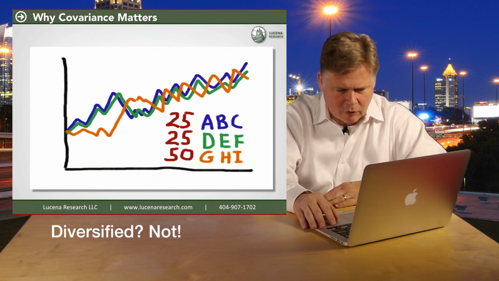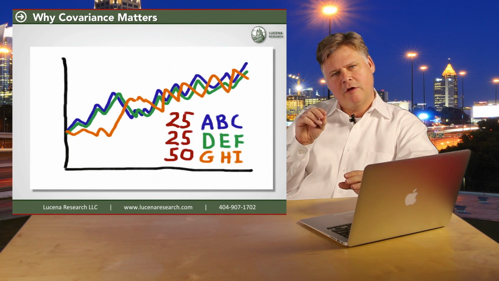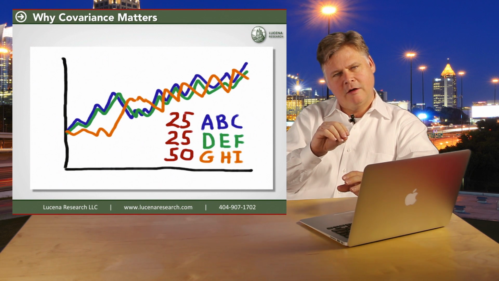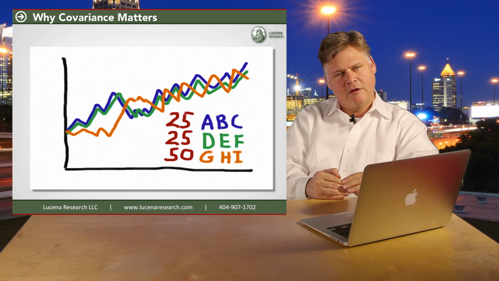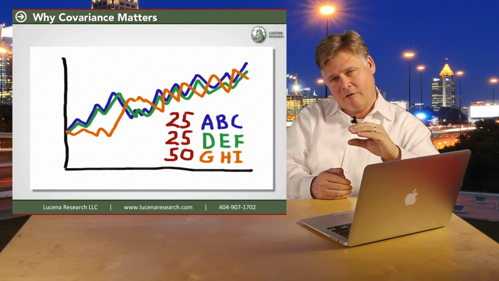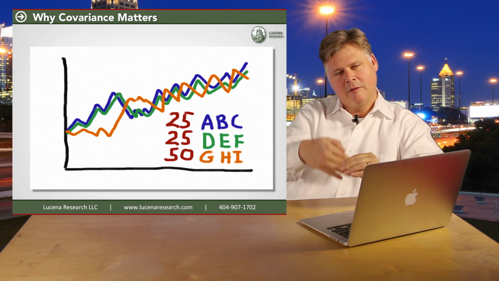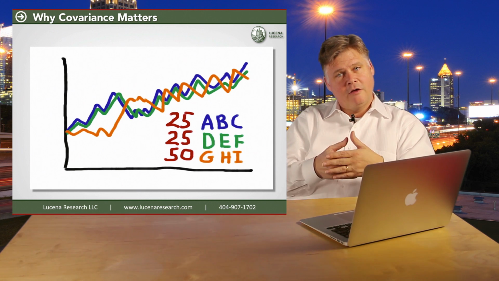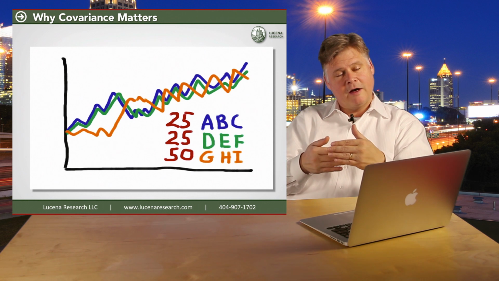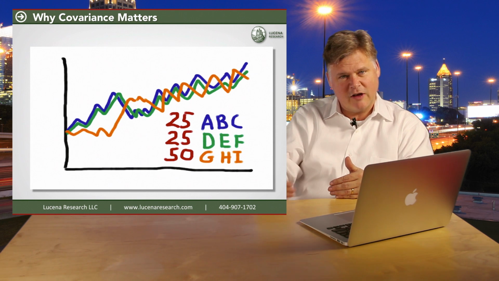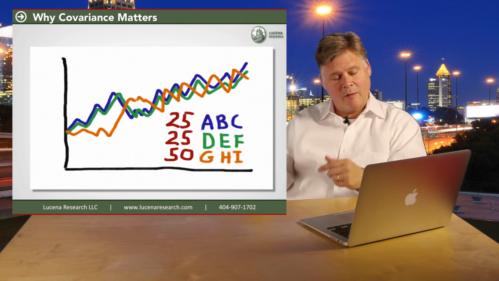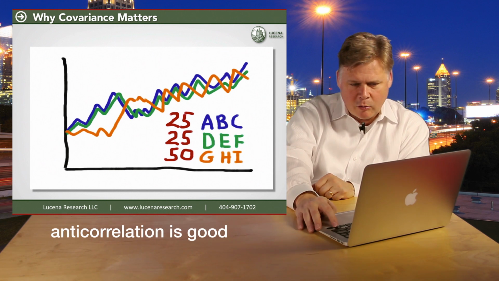Now, how about another portfolio? What about a portfolio where we put 25% in the blue, 25% in the green, and 50% in the other one, GHI? So what that means now is we've got about half in the two equities that move together, and the other half in the equity that moves opposite them. Now, because we've diversified now in a stock that's anti-correlated, that's the fancy term for that they move opposite one another, we're going to get a much smoother performance.